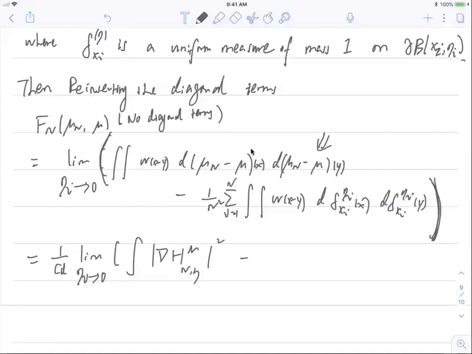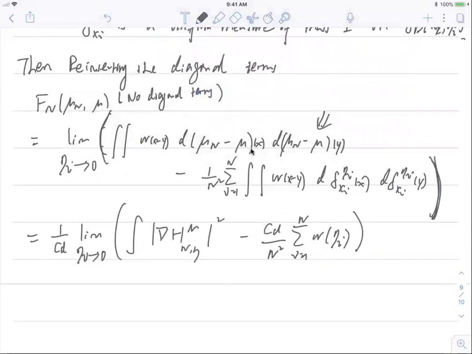The last term is like CD over n squared times g eta I, where g eta I, with some abuse of notation, is just the value of omega at the radius eta I. As long as we show the last term is of higher order than n squared, we can show this quantity is asymptotically positive.